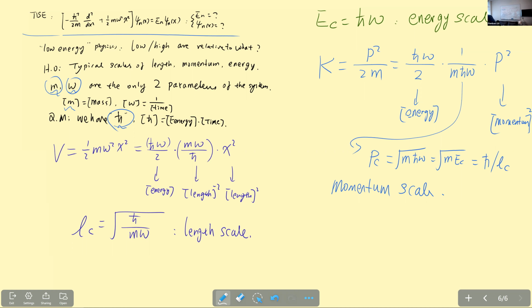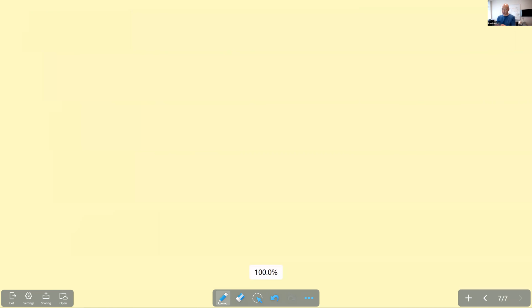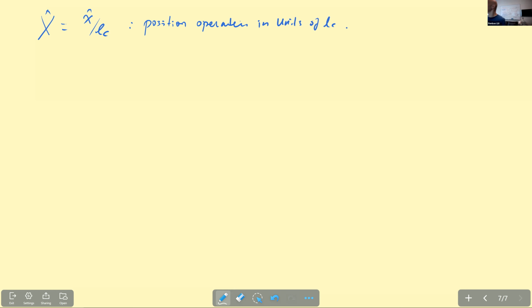Then we can have a transformation like this. This X operator is the original operator divided by LC. So this is the position operator in units of LC. And the momentum can also be written like this.